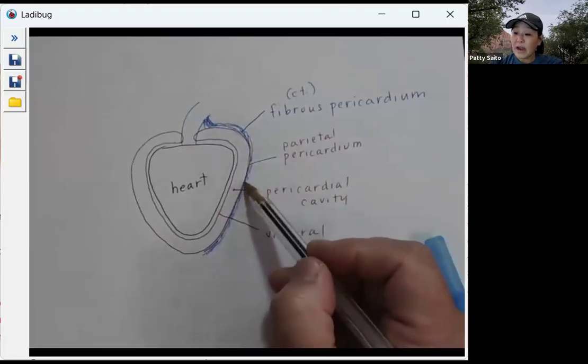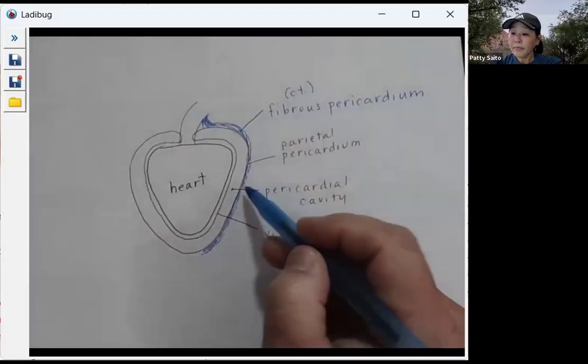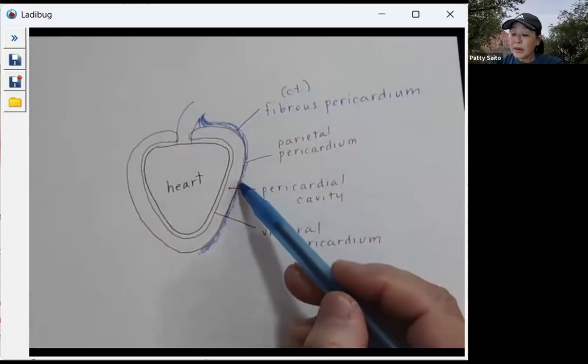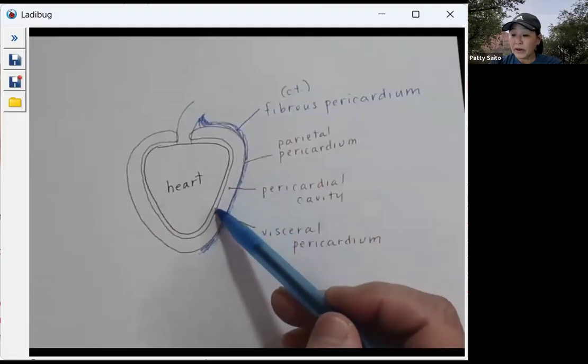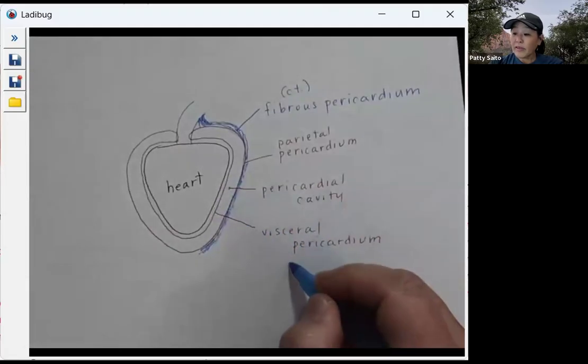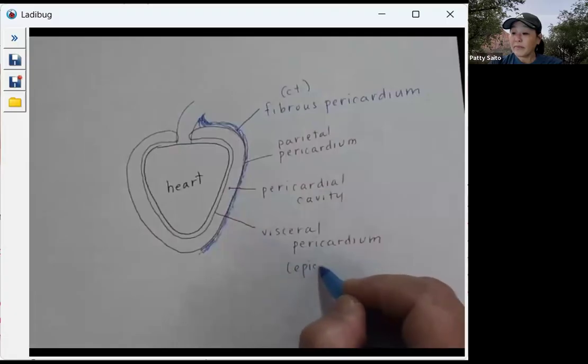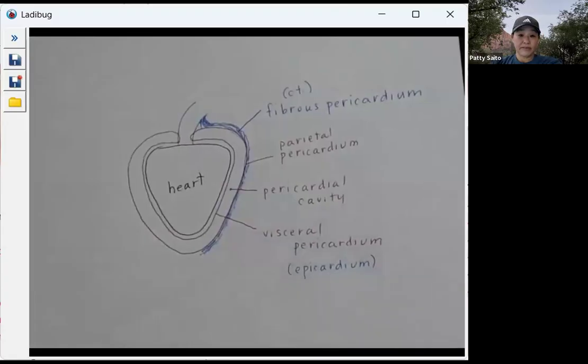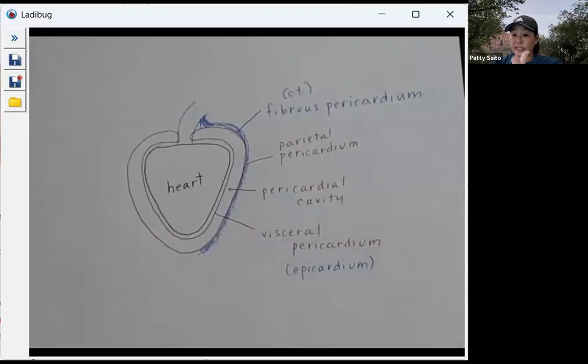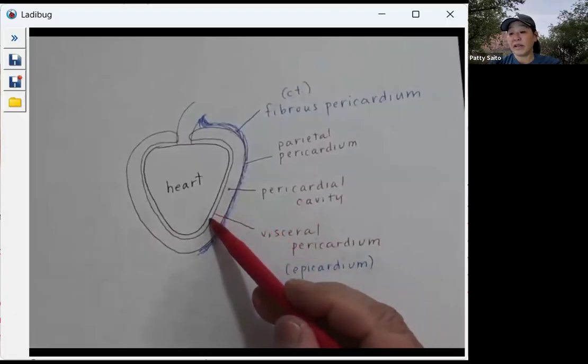When we talk about these layers, we're going to go through each one of them: this fibrous pericardium, the parietal pericardium, the pericardial cavity, the visceral pericardium, sometimes called the epicardium. Epi means above or on top of, so sometimes you'll see it called the epicardium, which is just the visceral pericardium.